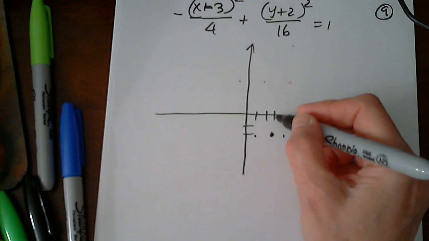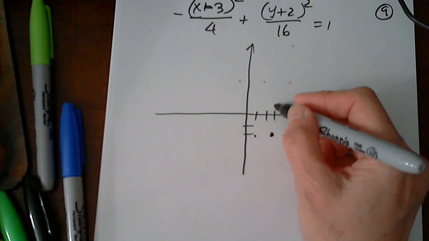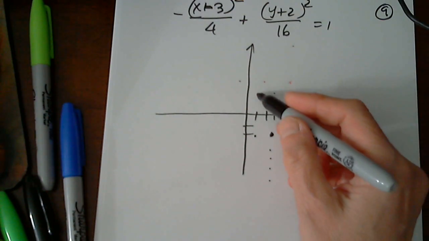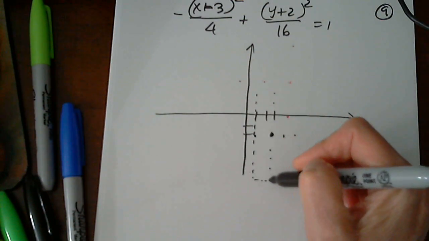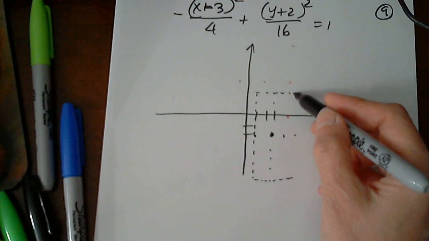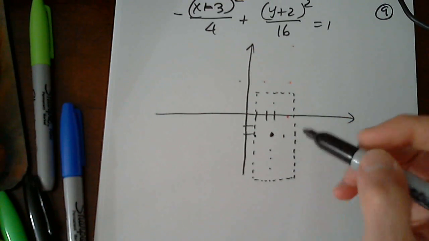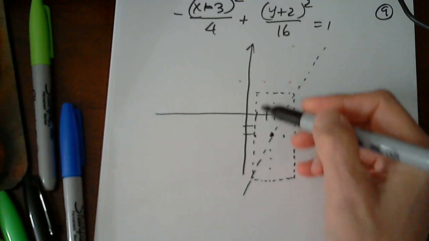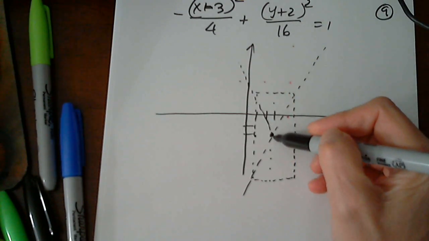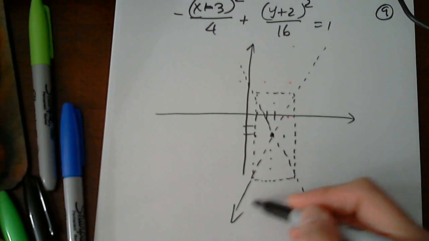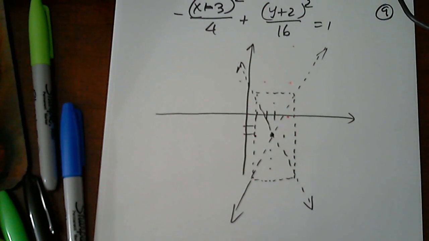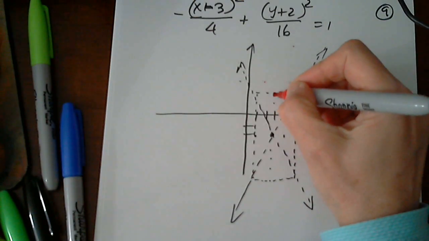B will still be 4. 1, 2, 3, 4. The box will be the same. And the graph will be this.